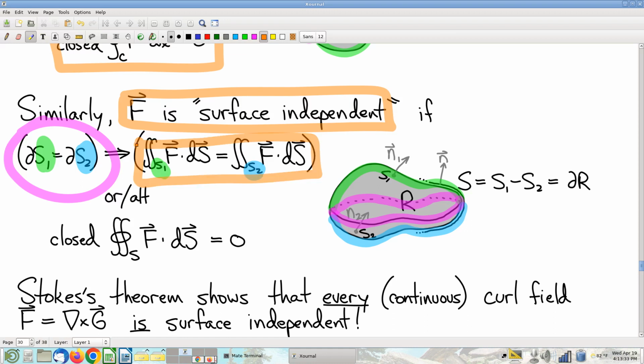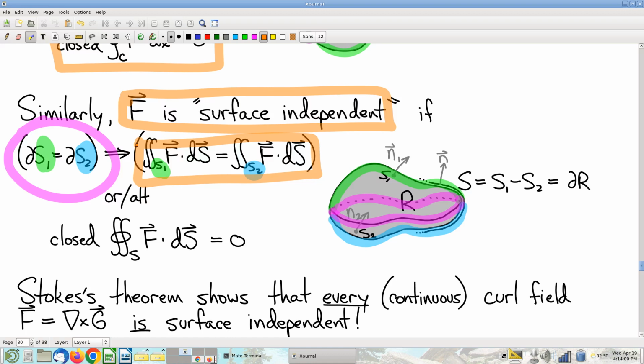It's shocking that any vector field would have this feature, that merely knowing that the two surfaces have the same boundary, the fluxes have to be the same. Almost seems implausible. Okay, it's going to turn out that not only are there some surface-independent vector fields, there's a lot of them. And there's an easy test for it, and it's a super powerful computational tool.